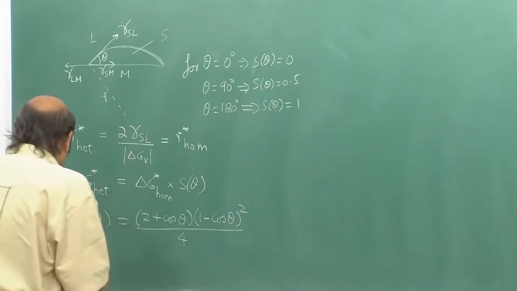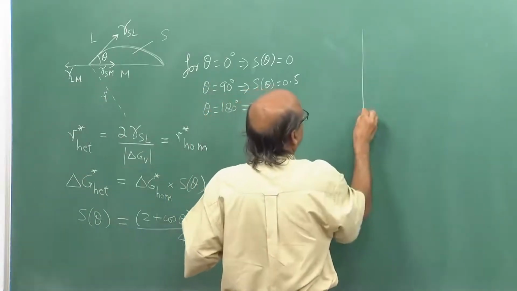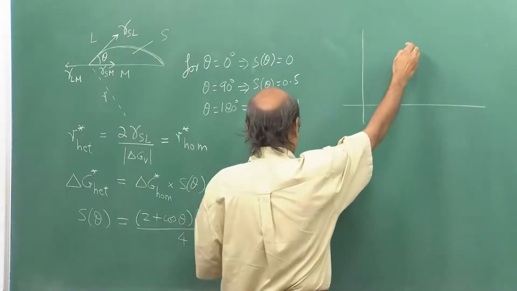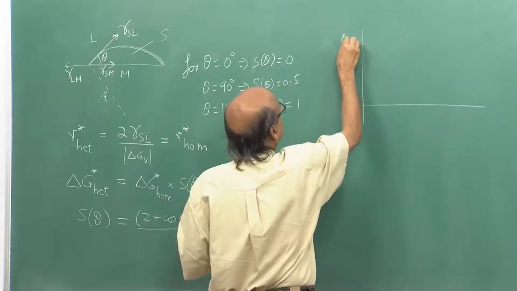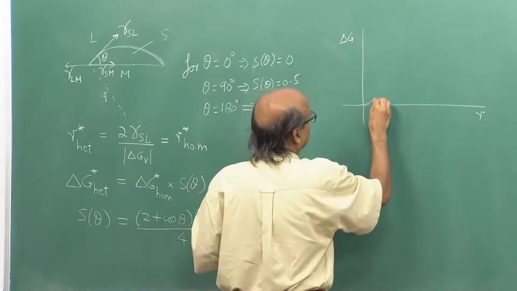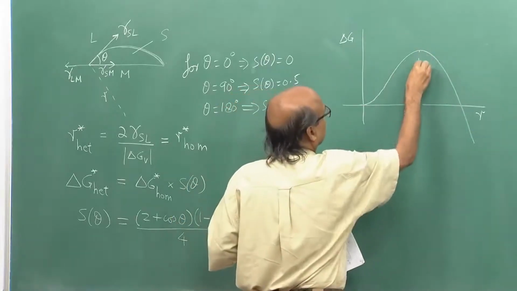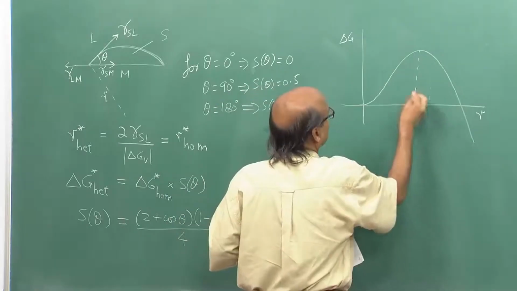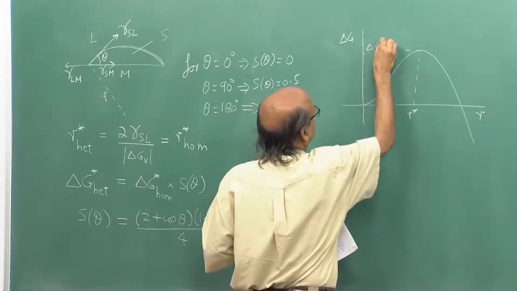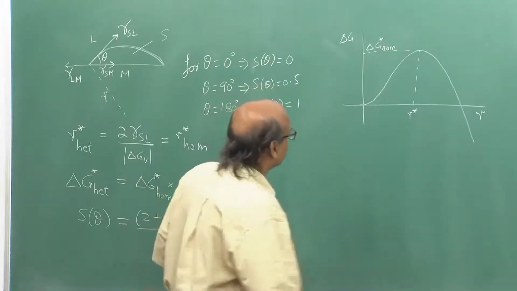Now, let us look at it. If I plot delta G versus size of the nucleus, for the homogeneous case we have seen that the plot is like this, with the critical size R star and delta G star homogeneous as the critical free energy of the critical size.